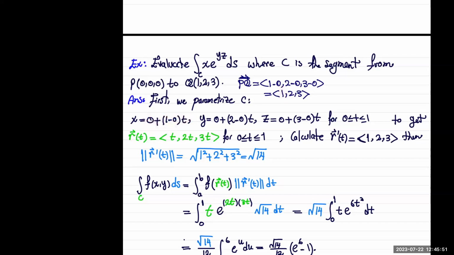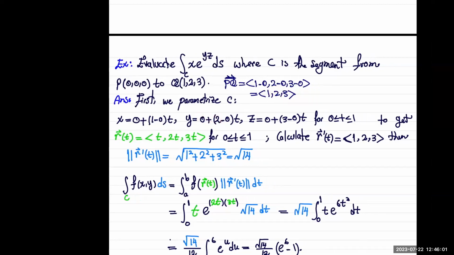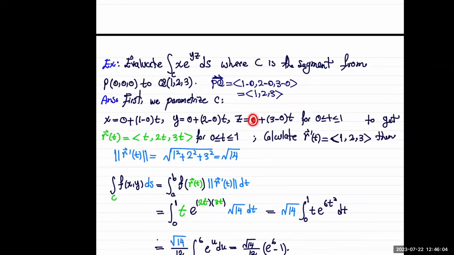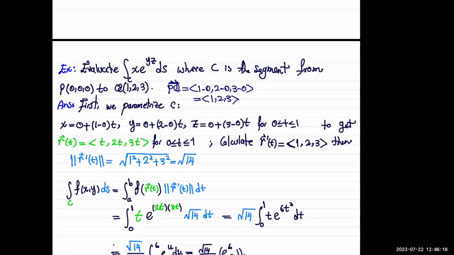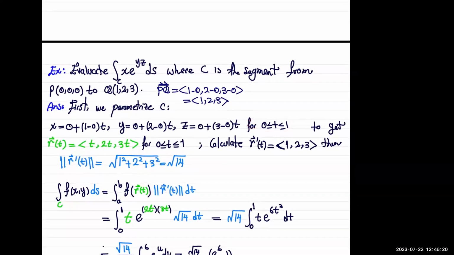The second coordinate is 0 plus (2 minus 0), the j hat component of the parallel vector, times t. And z likewise is 0 plus the k hat component times t. And t always runs from 0 to 1.